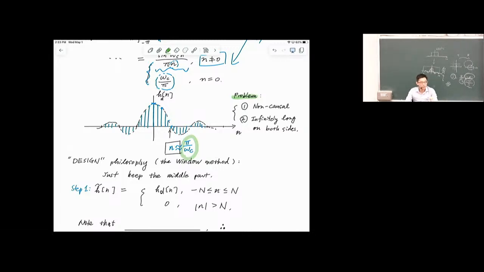Most of the samples at n before time 0 are non-zero. And secondly, the main problem is that the response is infinitely long on both sides.